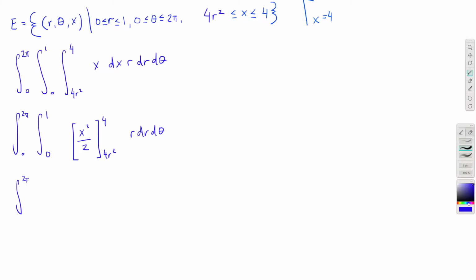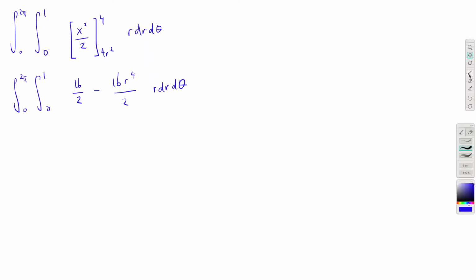This gives us the integral from 0 to 2 pi, 0 to 1, of 16 on 2 minus 16r^4 on 2, r dr d theta. So this is now 8 minus 8r^4.